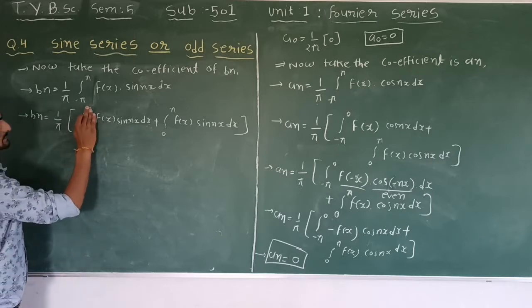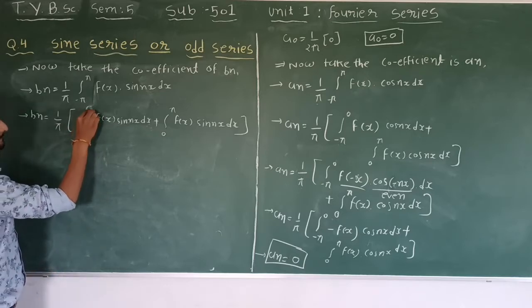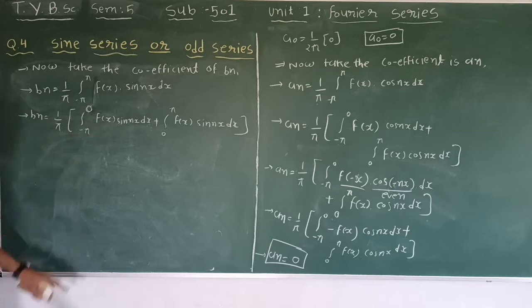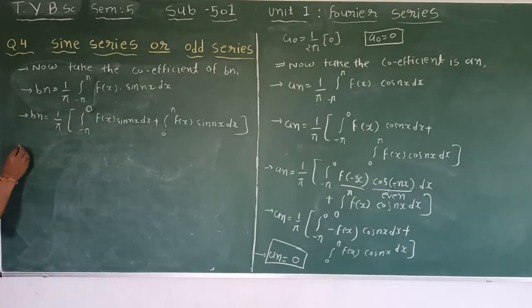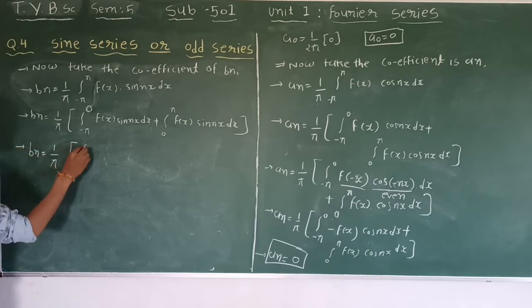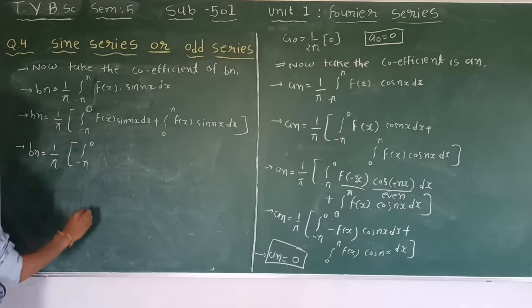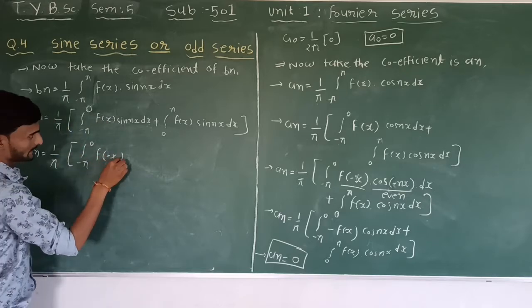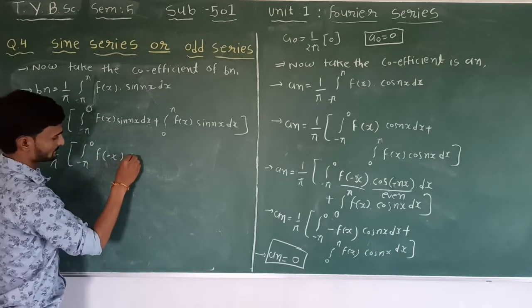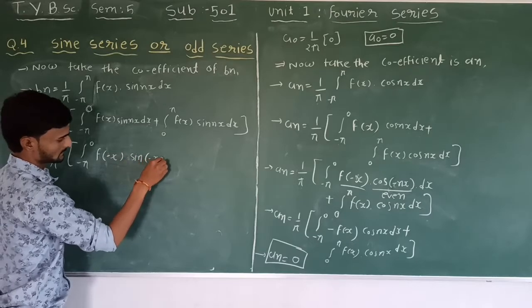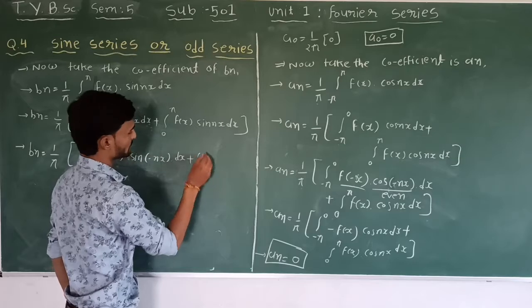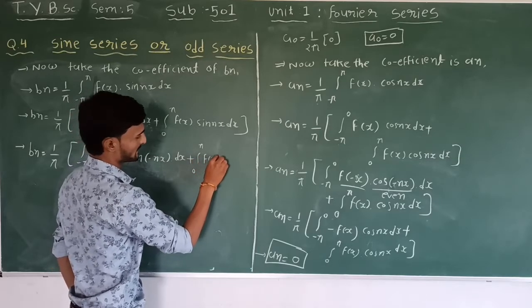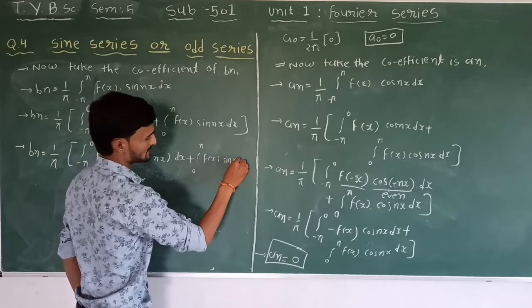For minus pi to 0, f of x is negative and sin is negative. Put the minus sign, 1 upon pi, integral from minus pi to 0, with f of x negative and sin negative, dx. The positive part is positive.